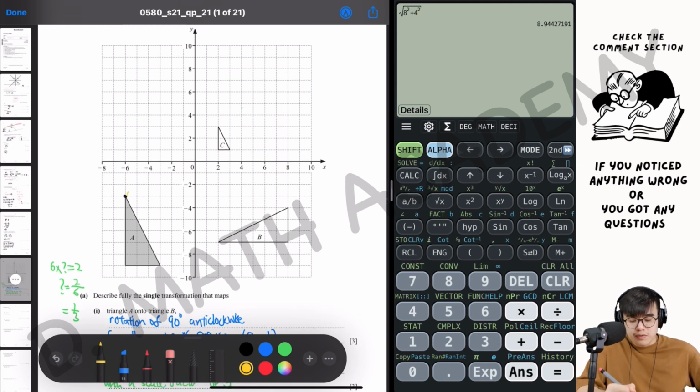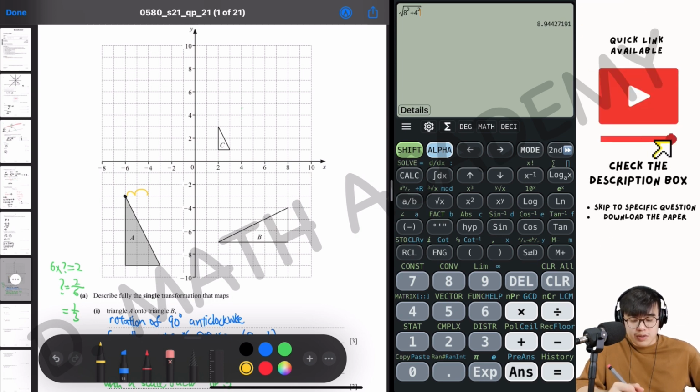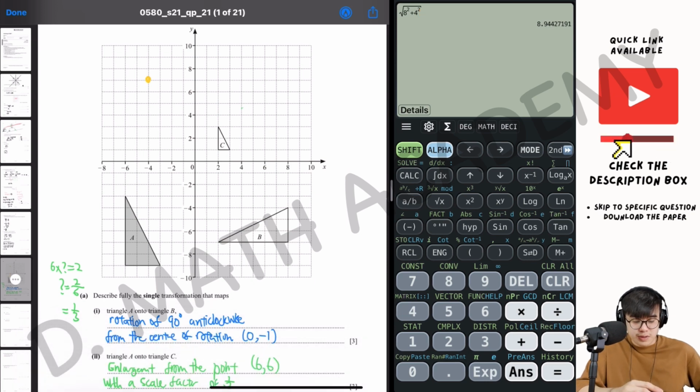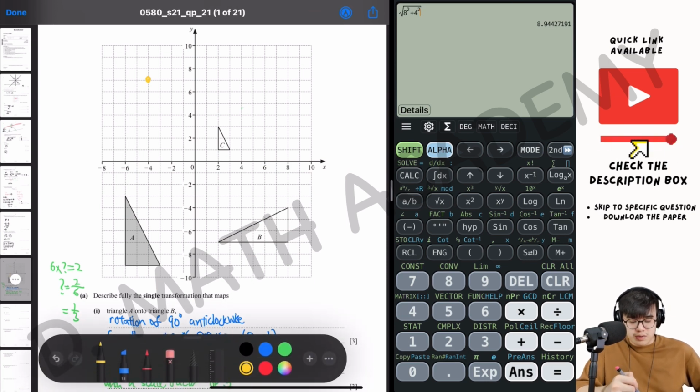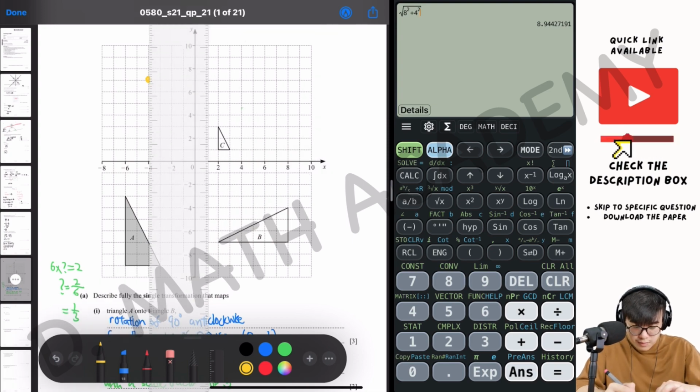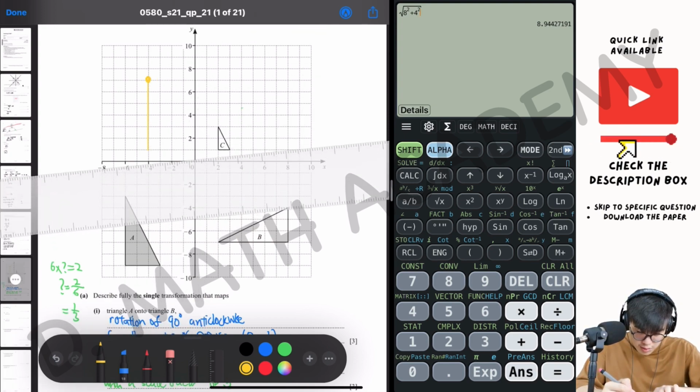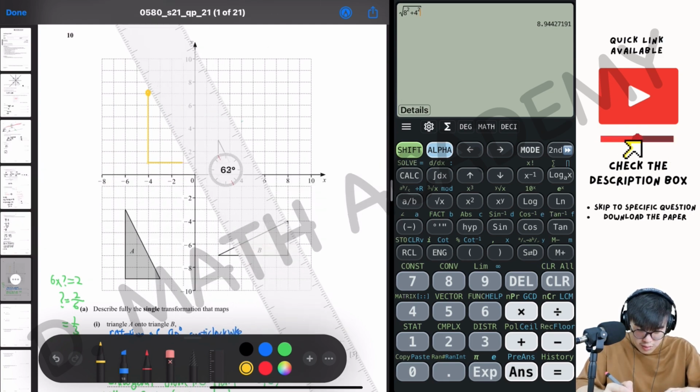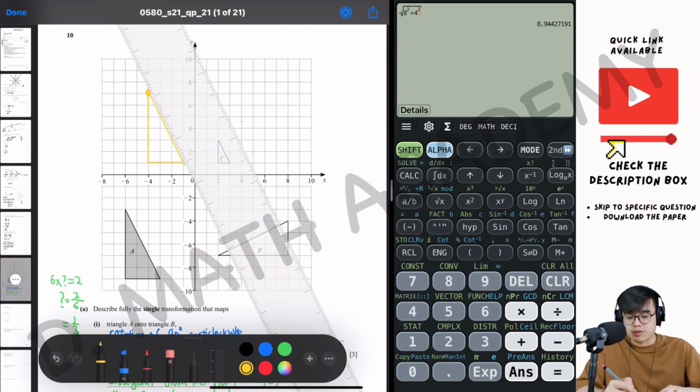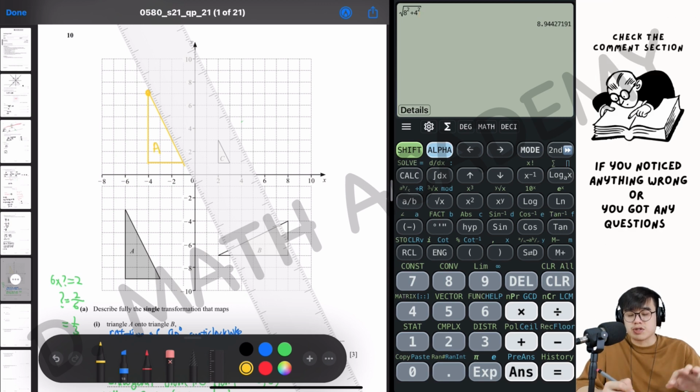If I move this by 2 steps and go up by 10 steps, I will actually get to 7, I suppose. 1, 2, 3, 5, 6, 7, 10. Correct. So it ended up here. And then by drawing the results, that will actually look something like this. So this is how you get to your final answer here with the vector translation.